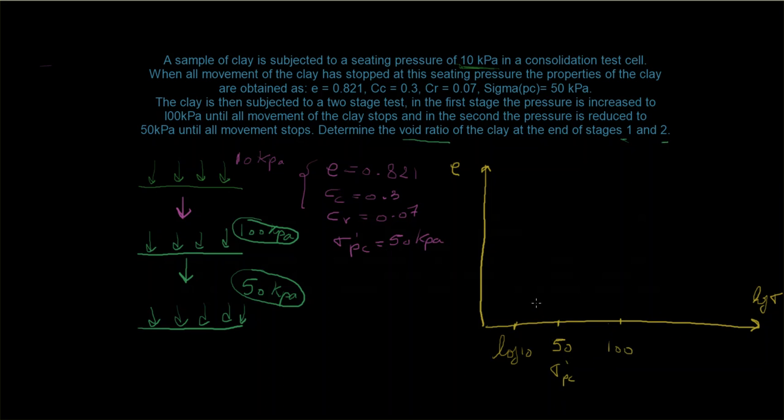So what has happened? We've moved from 10 to 50, then 50 to 100. We found out that 50 is the pre-consolidation stress, so we expect the slope to vary at this point.